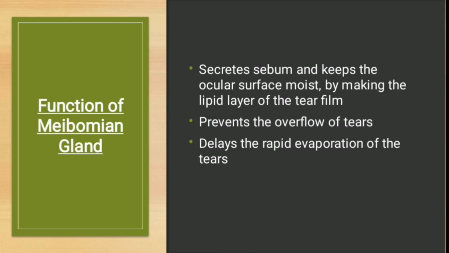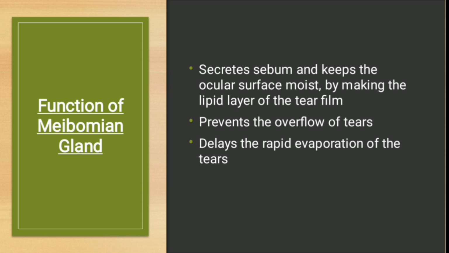Their function is to secrete the oil, which keeps the ocular surface moist by maintaining the lipid layer of the tear film. The tear film is a very important layer of water, oil, and essential components that keep the ocular surface moist.